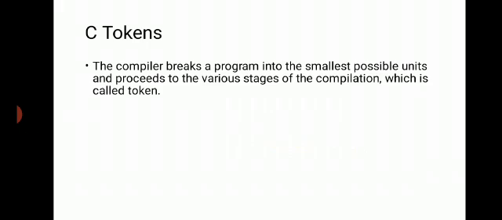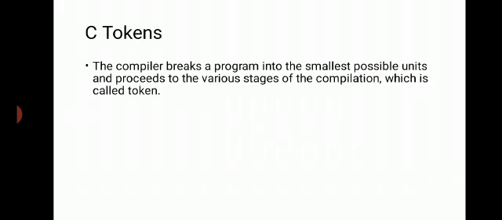Okay, so in this particular video, we'll discuss the basic types of tokens in detail, what the various rules are, how we can declare a variable, and what the various alphabets and characters are which we can use in order to define an identifier.